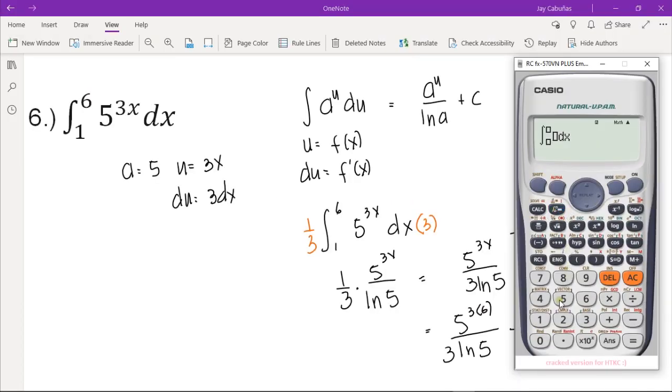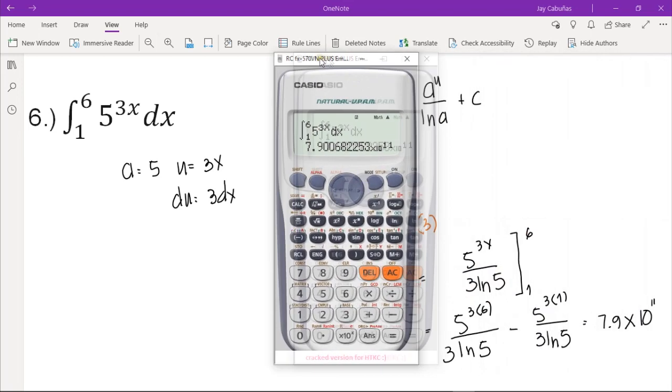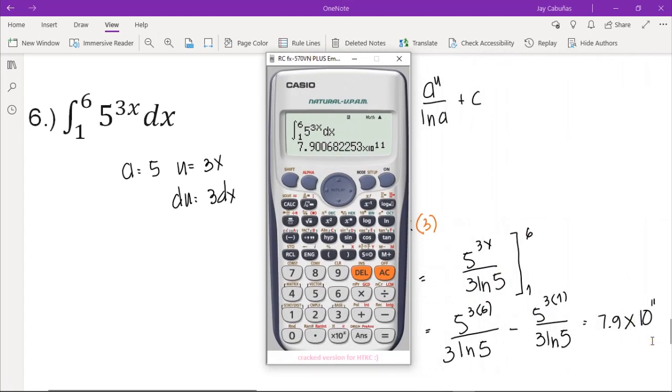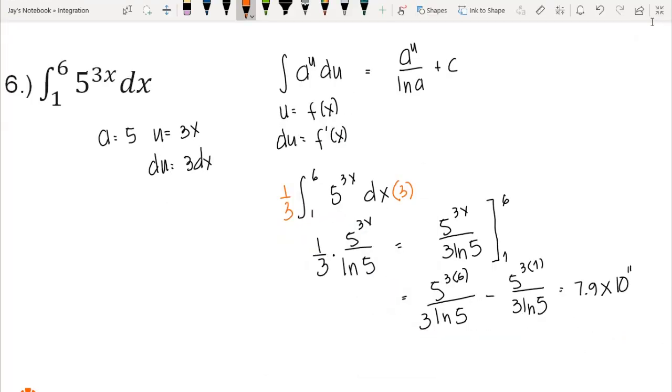The integration of 5 raised to 3x from limit 1 to 6. So we have answer that is equal to 7.9 times 10 raised to 11, which is the same answer with manual procedure. So therefore, 7.9 times 10 raised to 11, this is the definite integral for integration of 5 raised to 3x dx when we have limit from 1 to 6.